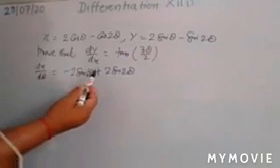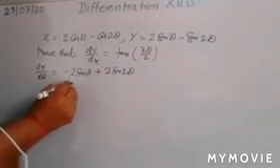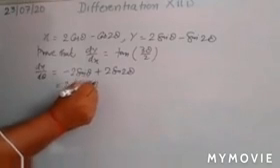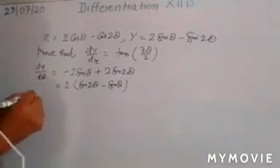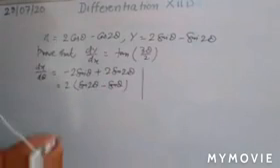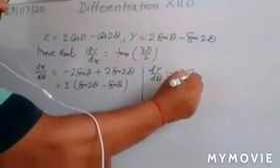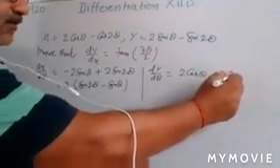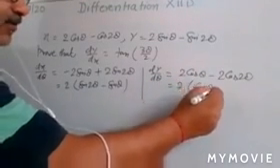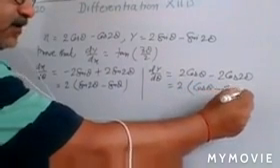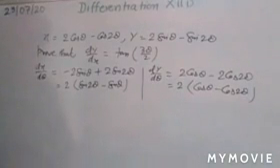Now taking 2 common, it is written as sine 2 theta minus sine theta. In the same way, you find the value of dy by d theta. That is equal to 2 cos theta minus 2 cos 2 theta, and taking 2 common, you have cos theta minus cos 2 theta.